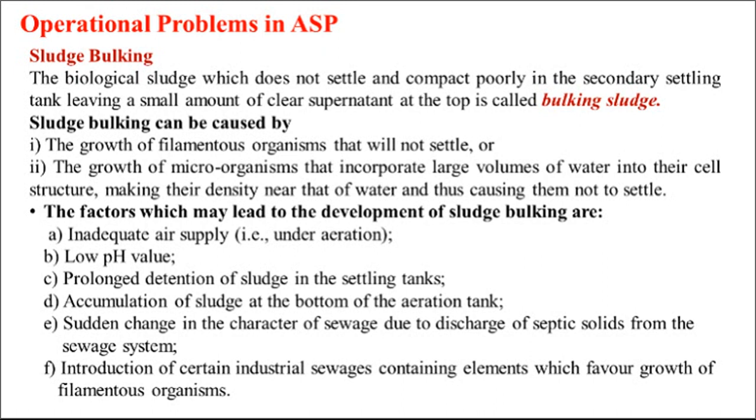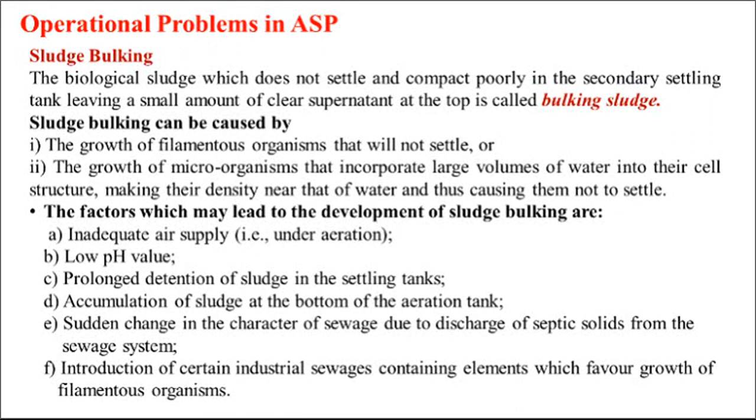The factors which may lead to the development of sludge bulking are: first, inadequate air supply, meaning if aeration is not proper, due to this also sludge bulking takes place. Then low pH value; if the pH of the wastewater is low, in this case also sludge bulking takes place. Then prolonged detention of sludge in the settling tank. Next, a sudden change in the character of sewage due to discharge of septic solids from the sewage system.